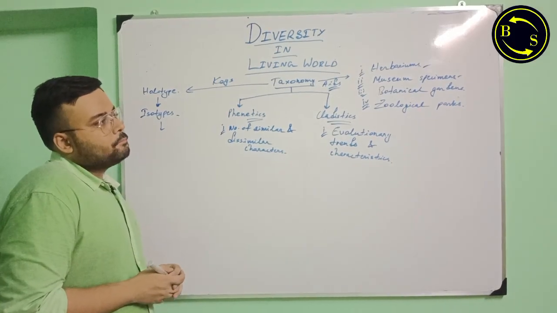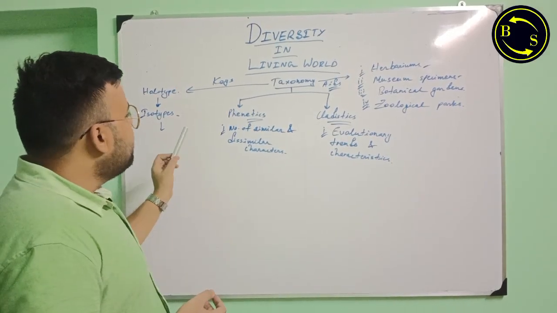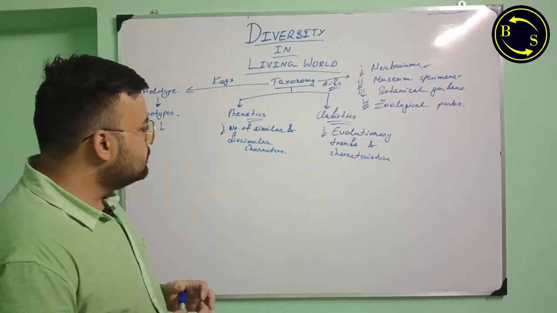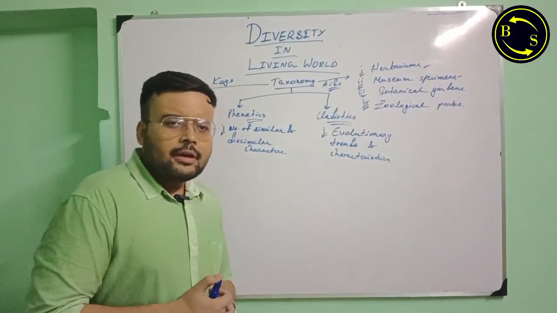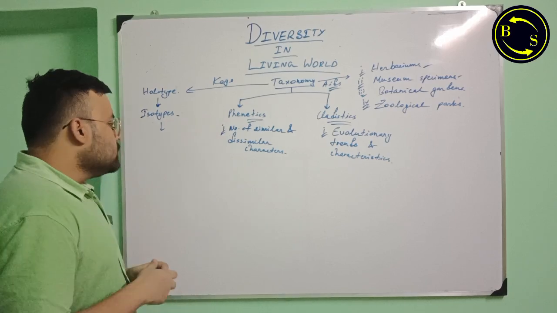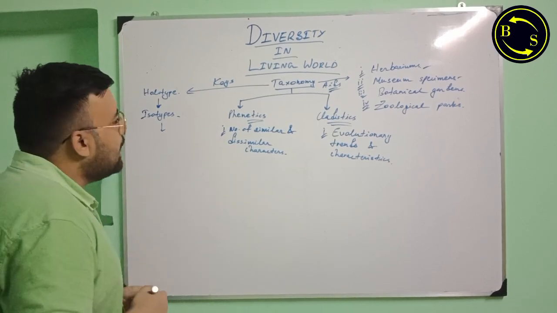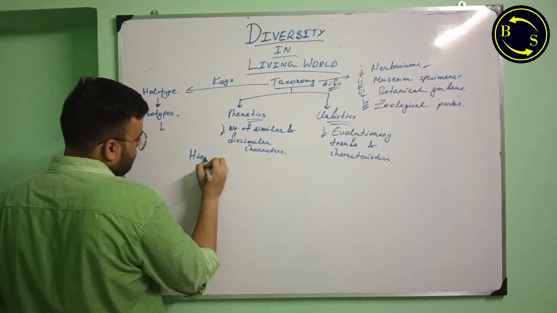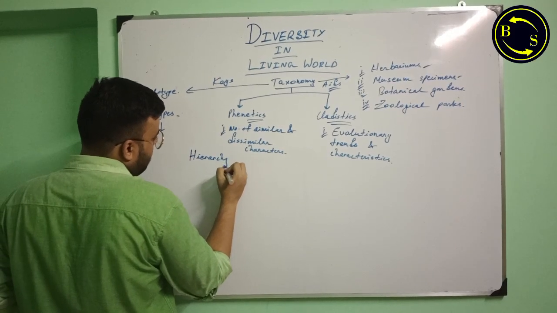Okay, so the phonetics, cladistics, the taxonomic aids and keys, we have given a brief idea. So now let's look into the taxonomic hierarchies. The hierarchy.